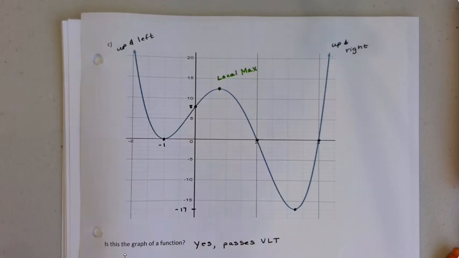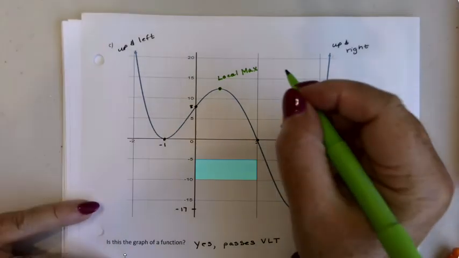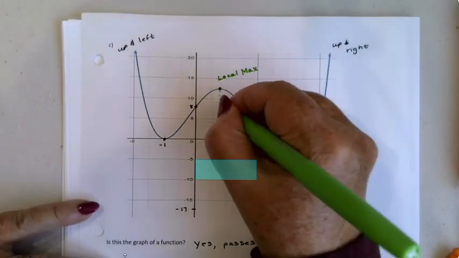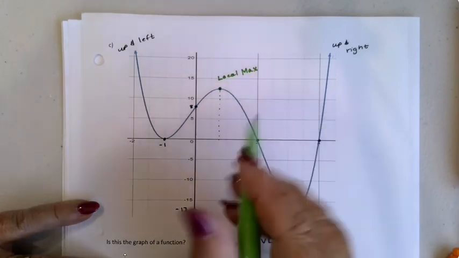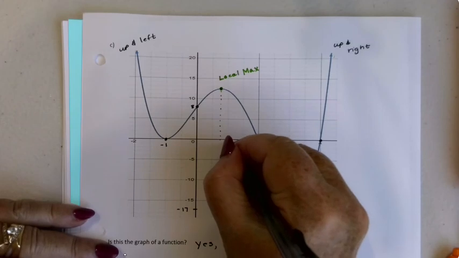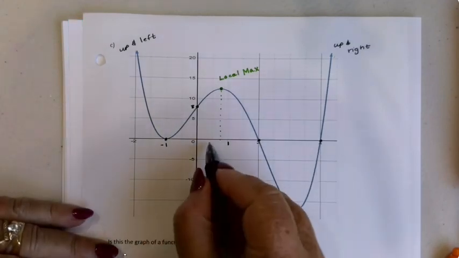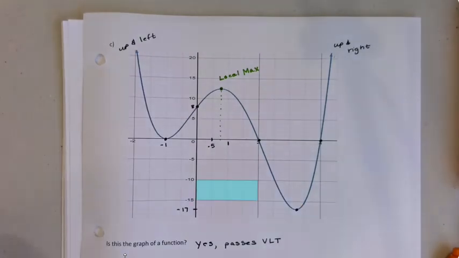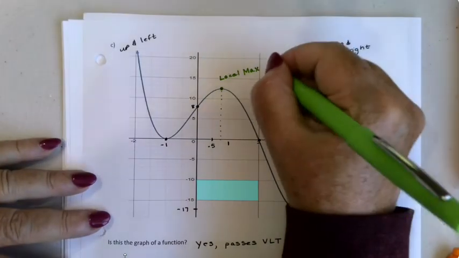All right, let's see if I can estimate what that value is. Let's see, this would be 1 right here. So it's between 0 and 1. Let's see, this would be 0.5. I'm going to go with about 0.75. Sometimes you have to estimate when you have graphs.